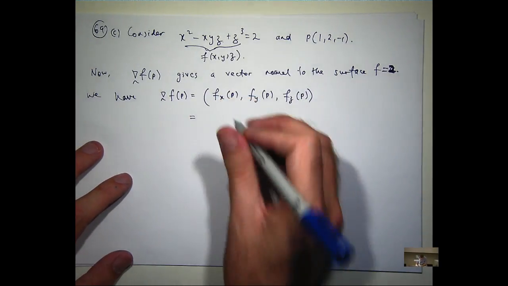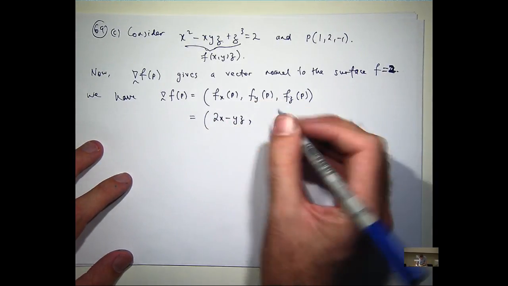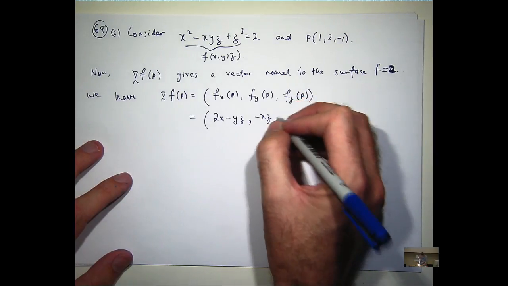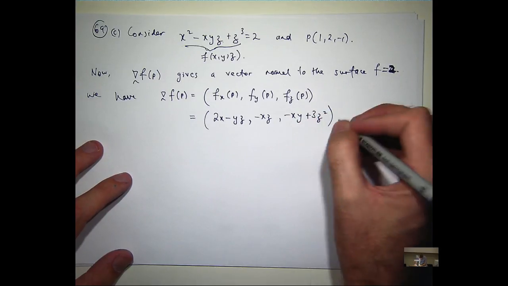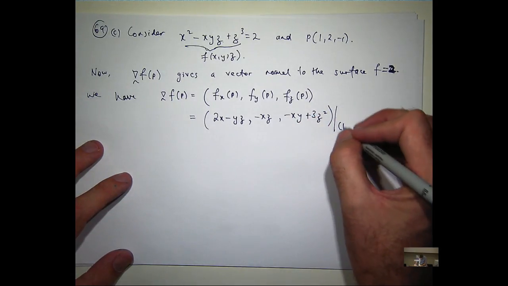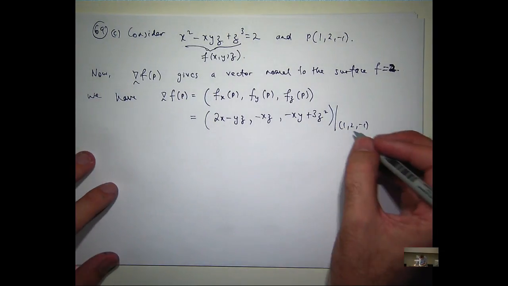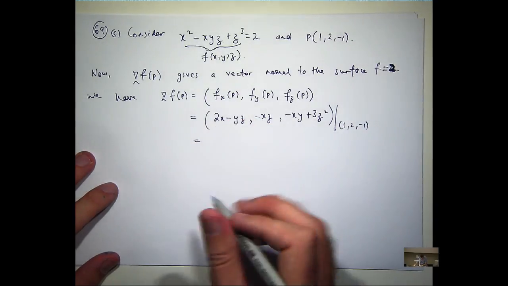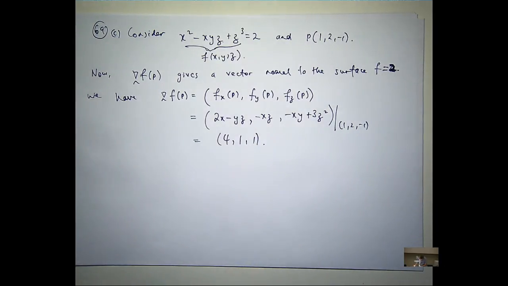And so at our point, it's going to be 2x minus yz, minus xz, and minus xy plus 3z squared, all of this. So now if we sub these values in, according to my calcs, we'll get the following vector. Okay, big deal. We've got the equation, we've got a normal vector.